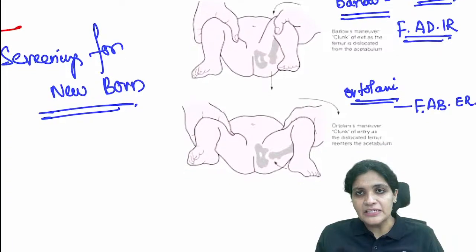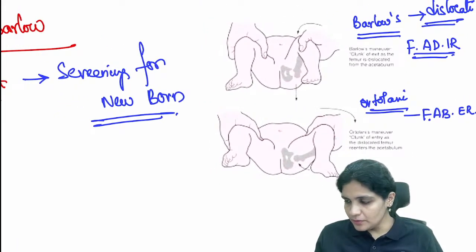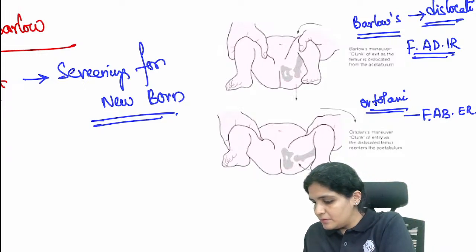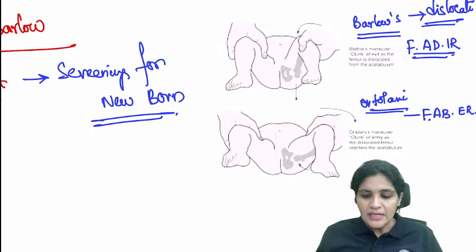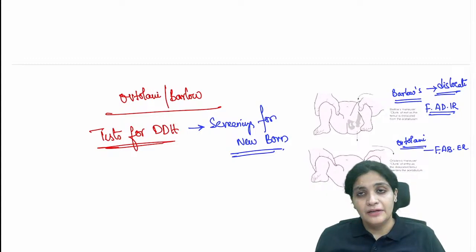And Ortolani is FABER. So these are the two important tests which they usually ask about in DDH, right?